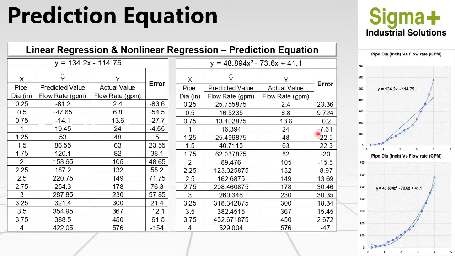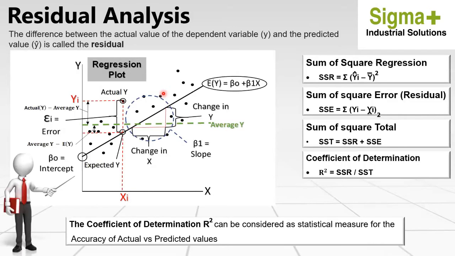As a general observation, comparing the points between the linear and the nonlinear, we'll see that the errors in the nonlinear are much less than in the linear equation. Now, to better understand the accuracy of the prediction equation, let's look at what we call the residual analysis.